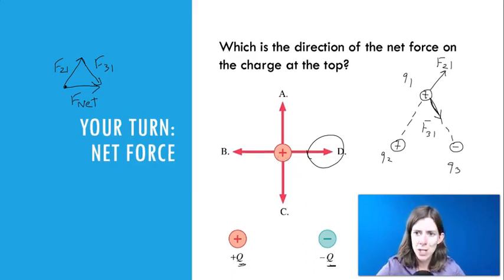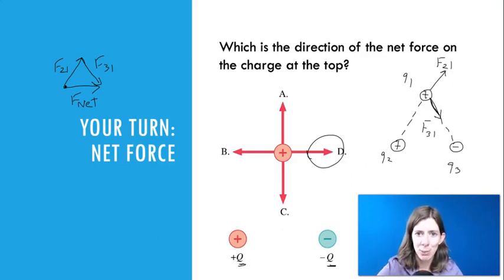So if the magnitude of the force is the same, then the up and down components are going to cancel each other out, but they both have a component to the right, so that component is going to add.